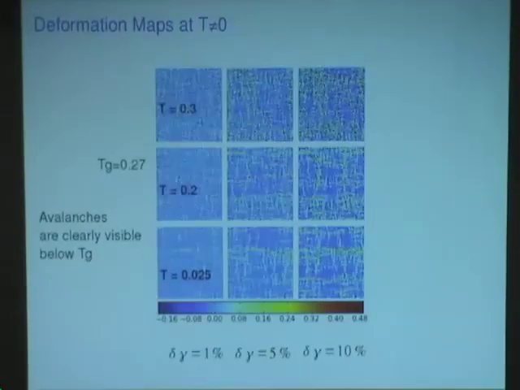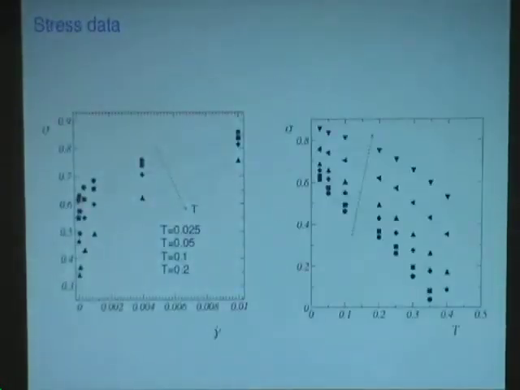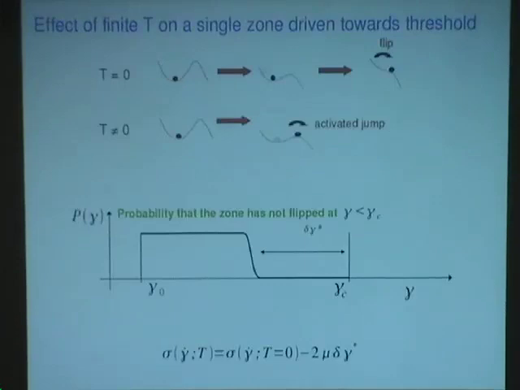But there is not really any crossover. Let me clarify that. It's back to this problem about activated dynamics. If you are at finite temperature and you really go to the gamma dot going to zero limit, at some point you will start to activate over extremely small barriers. So from a mathematical standpoint, I say no, there is no crossover.